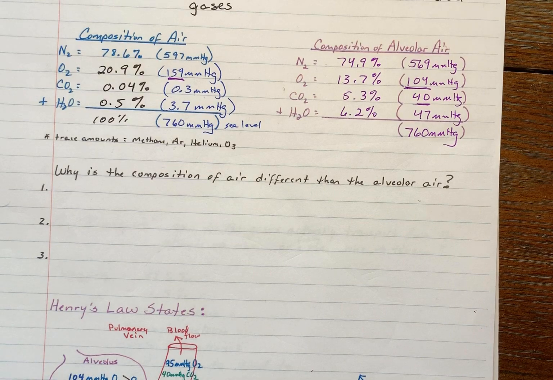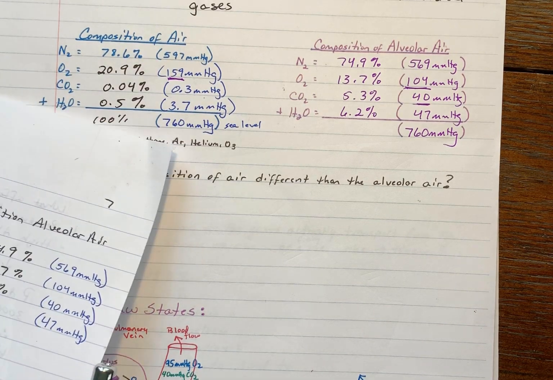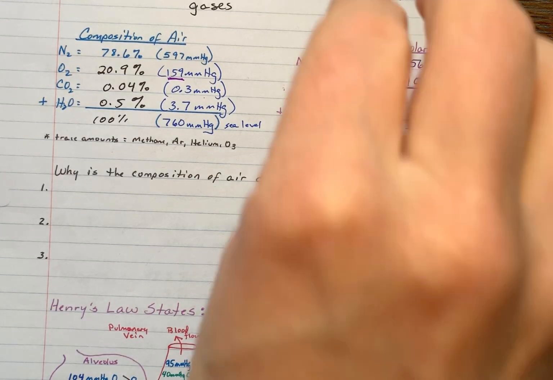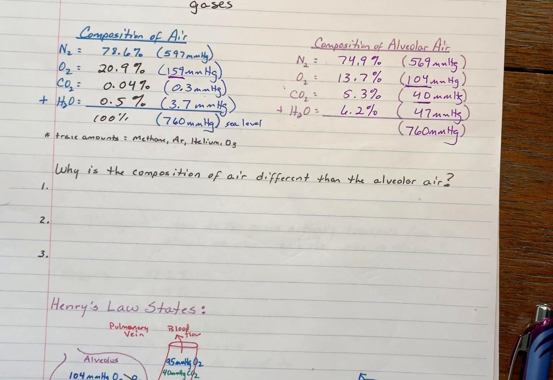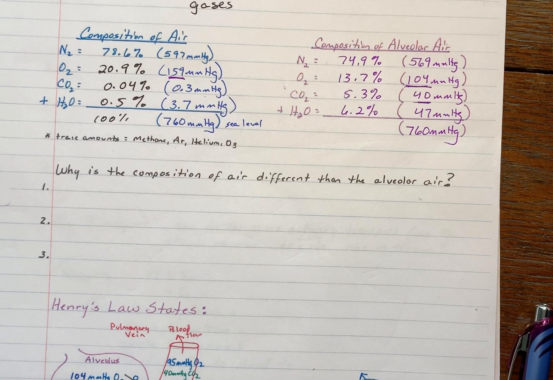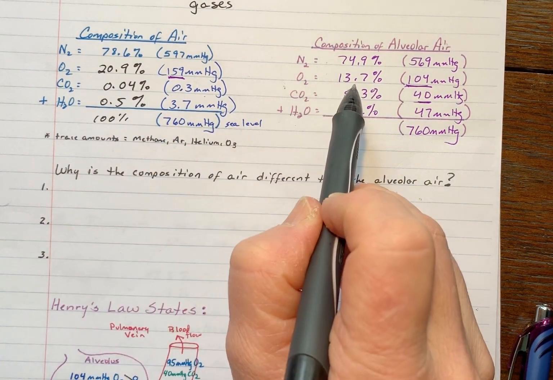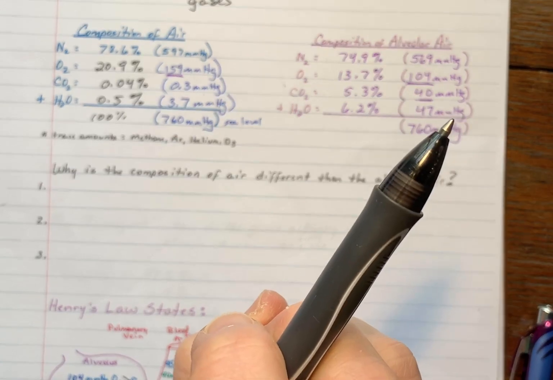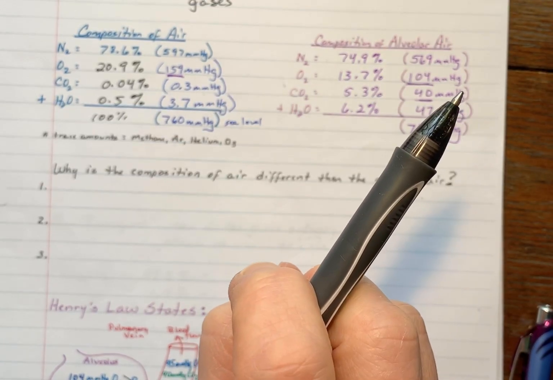Well, if we were in class, I would hope you would kind of guess, and some of you may go ahead and guess what it is. But the differences are caused by, think about it. When this air comes into the lungs, it comes in contact with a lot of moisture in the membranes, all right?